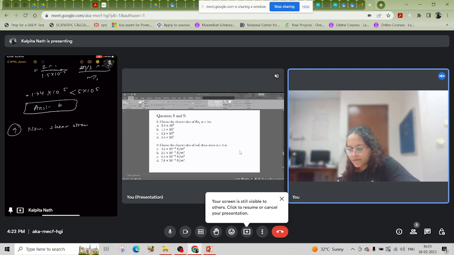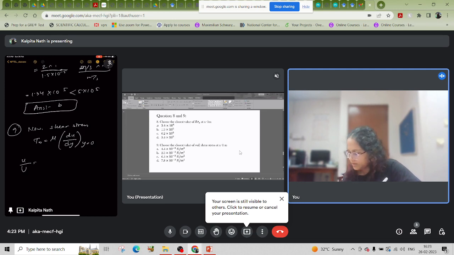shear stress. Tau naught is equal to mu du dy at y is equal to 0.